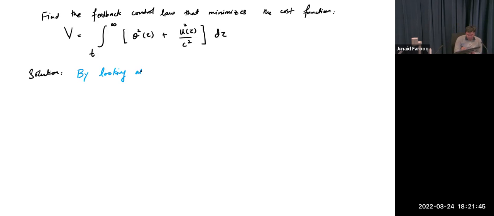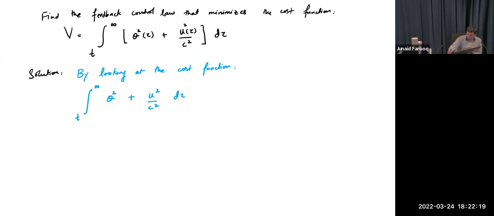By looking at the cost function, you can see it's an integral from t to infinity of theta squared of tau, and then there's u squared over c squared, and then d tau.